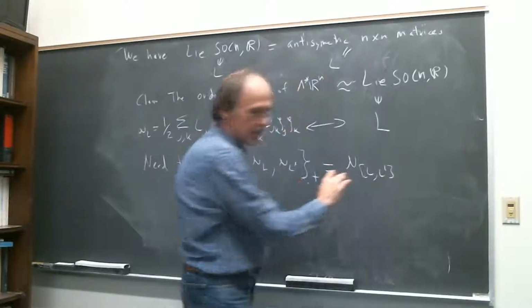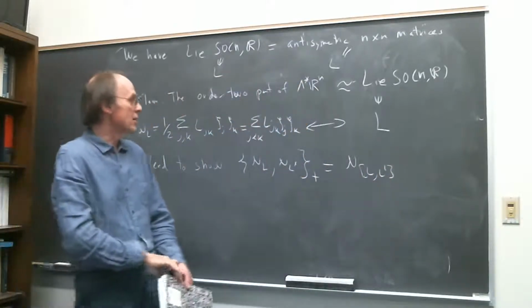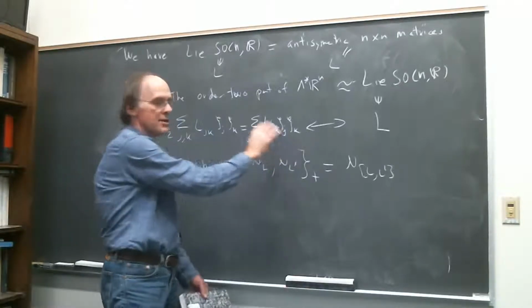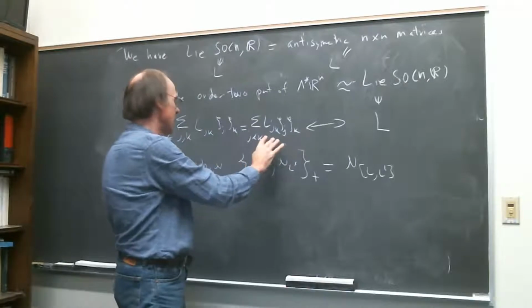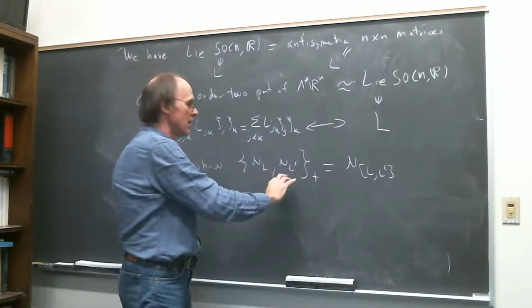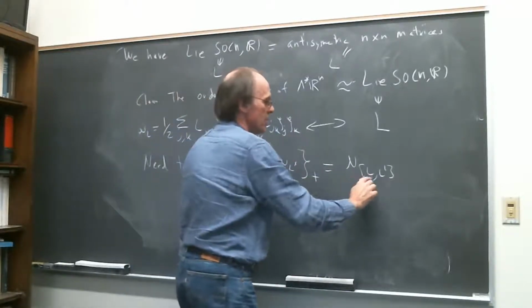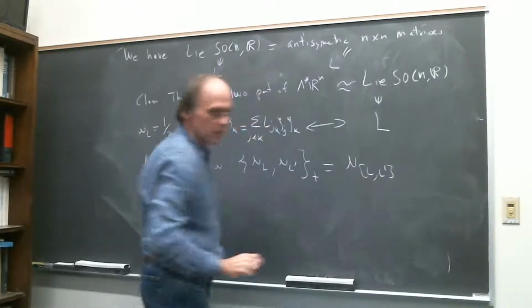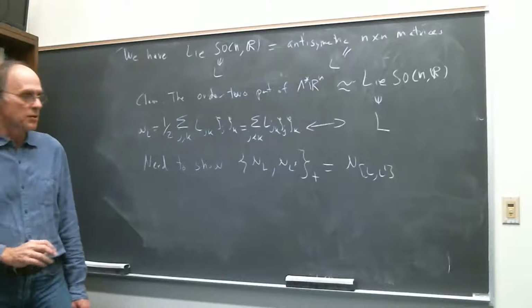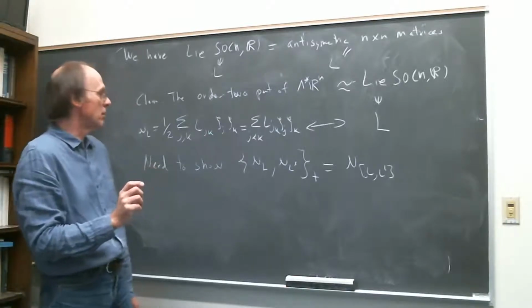And here it's actually the regular commutator, because these quadratic things are all even. So on these even things you just use the regular commutator. So this is really a Lie algebra.